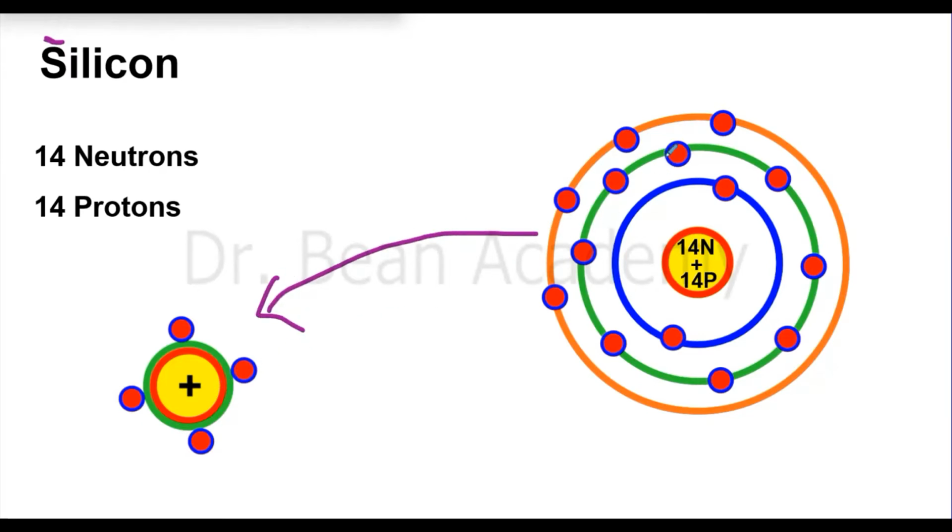I will hide all the inner shells along with the nucleus, and show this whole part as a central part, and I will only show the outermost shell and its 4 electrons. So I will present a picture of silicon like this.